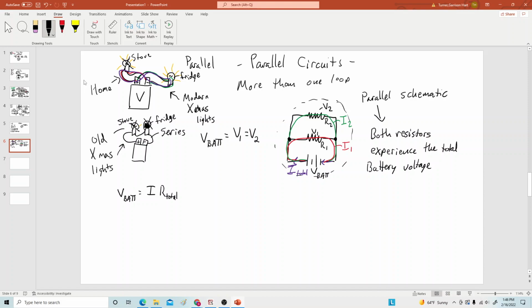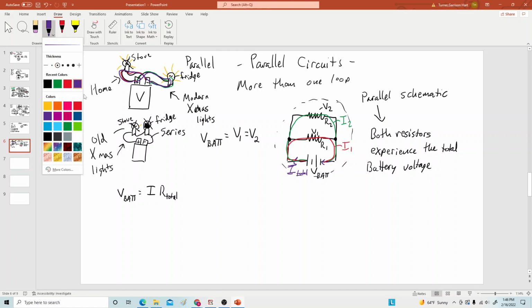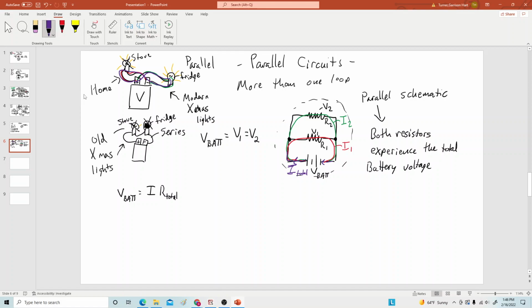So anytime you have a junction, what you'll have is currents splitting off. Anytime you have a junction where currents can pick their direction, the currents will diverge. And so you have a total amount of current entering this junction, which is just I total. I total hits this junction, and then it splits between the red and the green, or between I1 and I2.